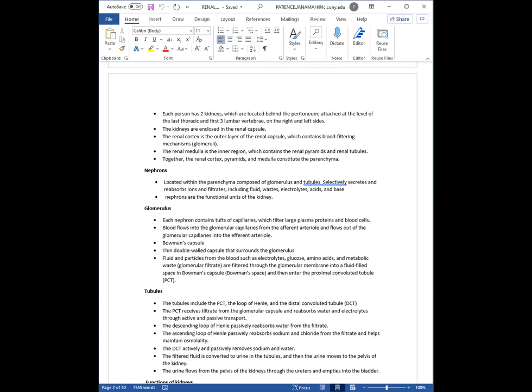The nephron, like I said already, is the functional unit of the kidney, the main thing that makes the kidney work appropriately. Each nephron contains the glomerulus capillaries, and they do the filtering. It's a meshy tissue like a net that does the filtering. We also have the Bowman's capsule, which makes a curve where the glomerulus is. Can we see my screen?